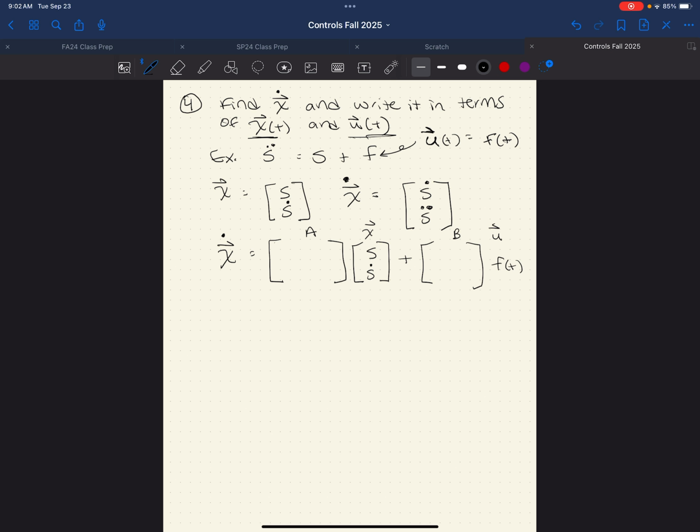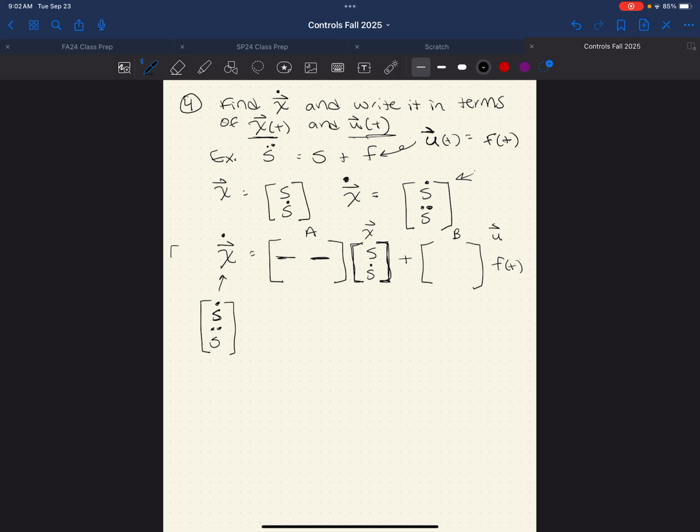All right, so let's look at x dot. Basically what I need is this thing on the left-hand side to be equal to s dot, s double dot. That's the definition of x dot. So if I multiply this first row of A times this vector x, I need to end up with the value s dot.